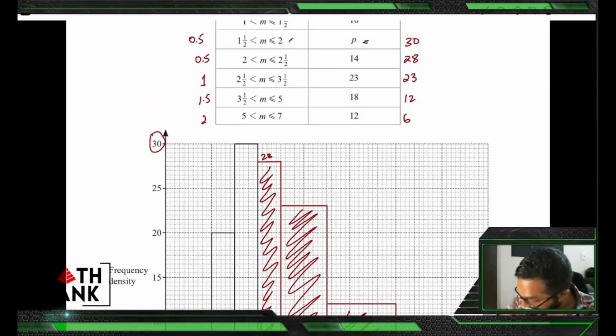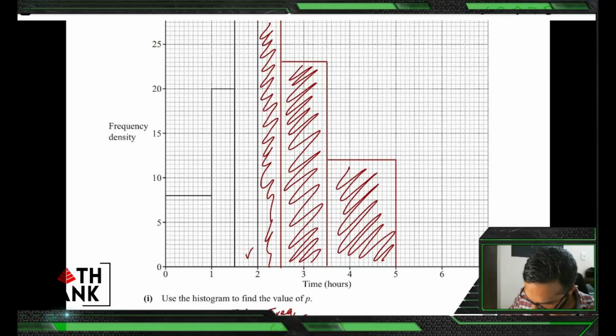Okay, and then 5 to 7 is 6. So that's 6. Okay, this bar is slightly shorter.